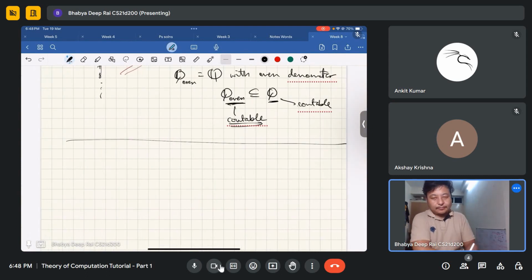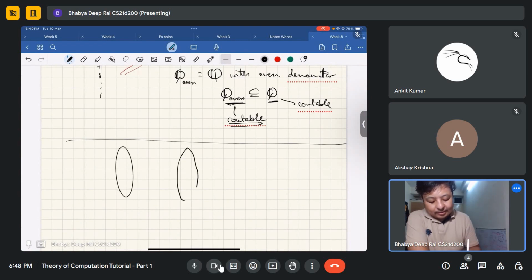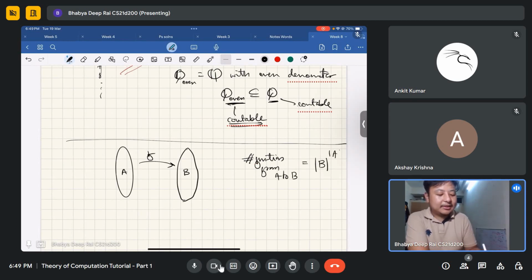Well, let's see. Remember this: if there are two sets A and B and you want to find the number of functions from A to B, it is equal to size of B to the power size of A. Why?